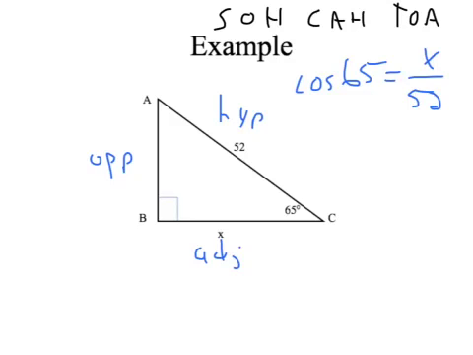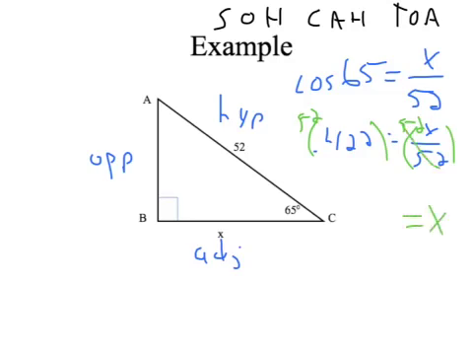Alright, first I need to find the cosine of 65, which is 0.422. Then I want to get the x by itself, so I need to multiply both sides by 52. These 52s would cancel out, so I just have x. And 0.422 times 52 is 21.9, so we're going to round that up to 22. So the adjacent side, BC, would have a length of 22.